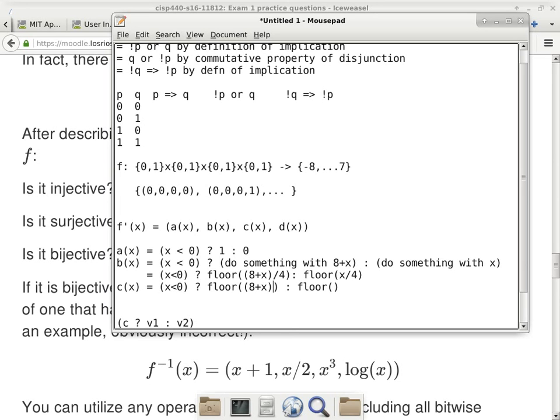Mod it by 4, and then take the result of the mod and divide that by 2. Because once you mod a number by 4, what are the possible values? 0, 1, 2, or 3. Exactly. So when you divide that number by 2, you either have a 0 or 1. So that's how it works.